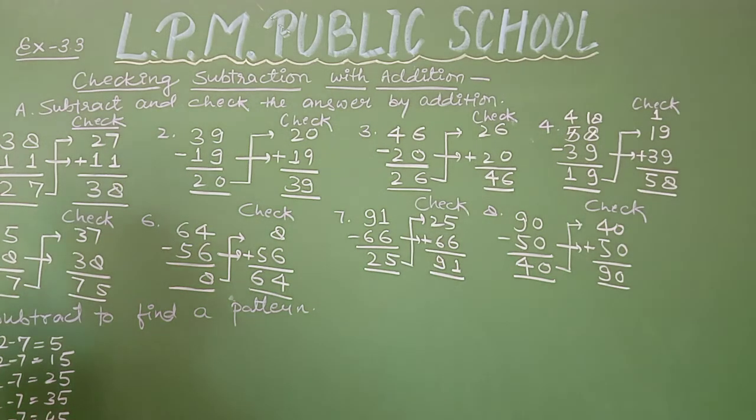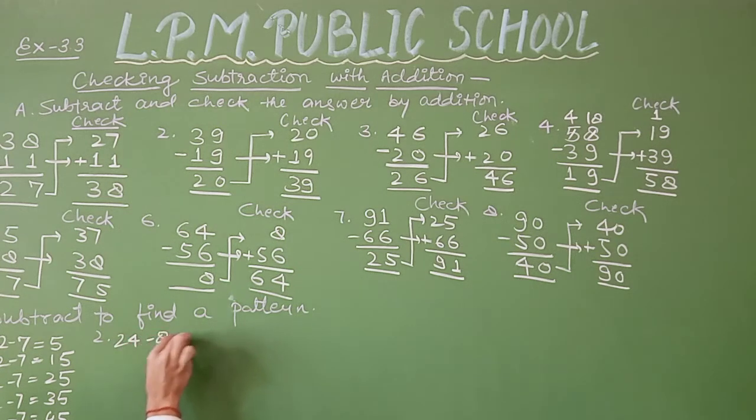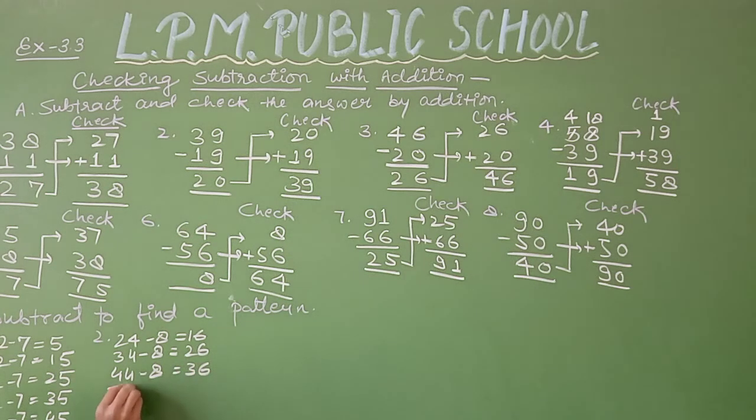And question number 2 is 24 minus 8, 16. 34 minus 8, 26. 44 minus 8, 36. 54 minus 8, 46. 64 minus 8, that is 56.